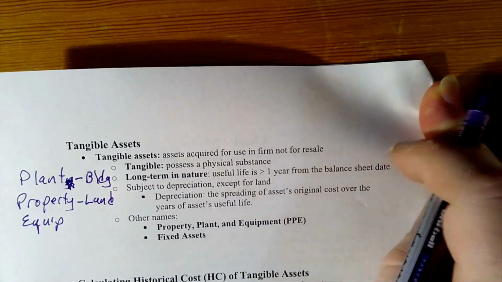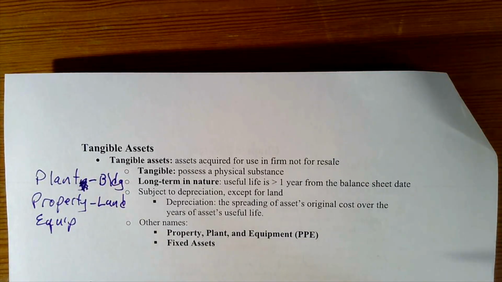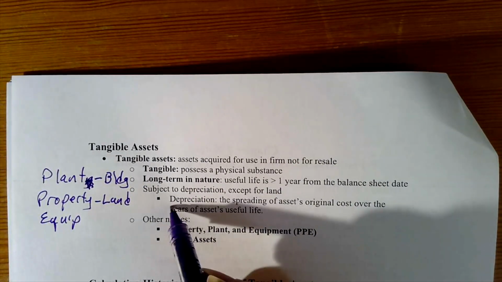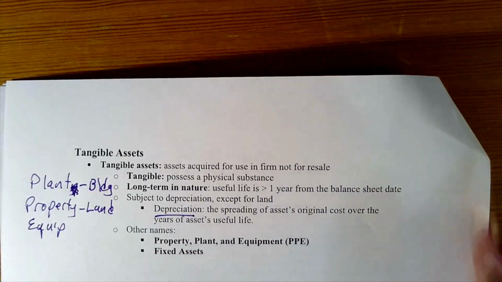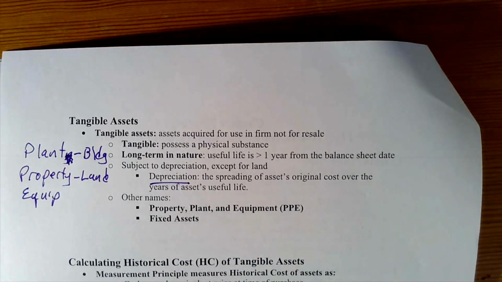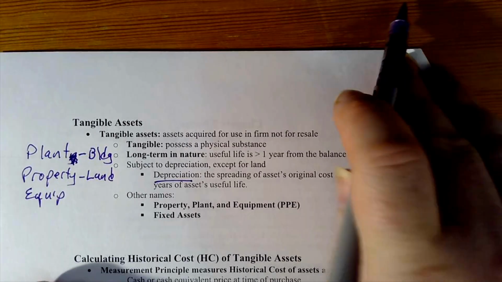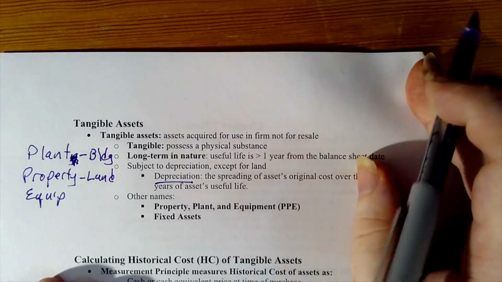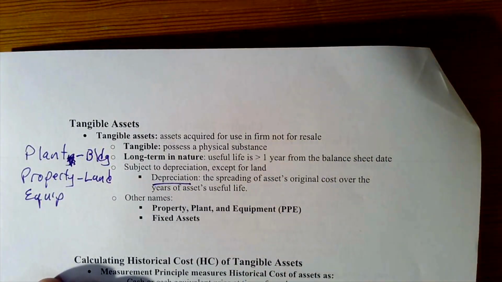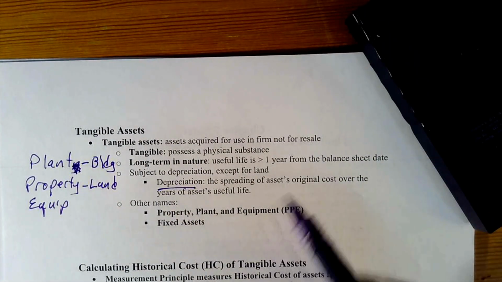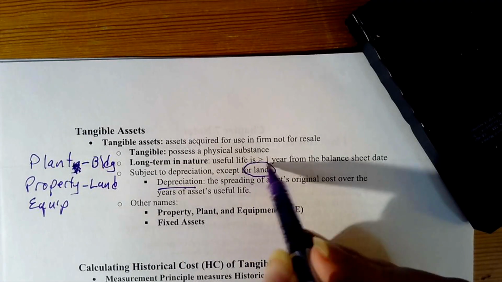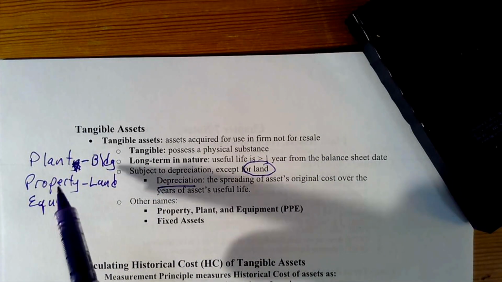Because it's tangible, we're going to be using depreciation. And the main thing that we want to focus on here is that of these three, plant, property, and equipment, we're not going to depreciate land, because we can use up the building, right?